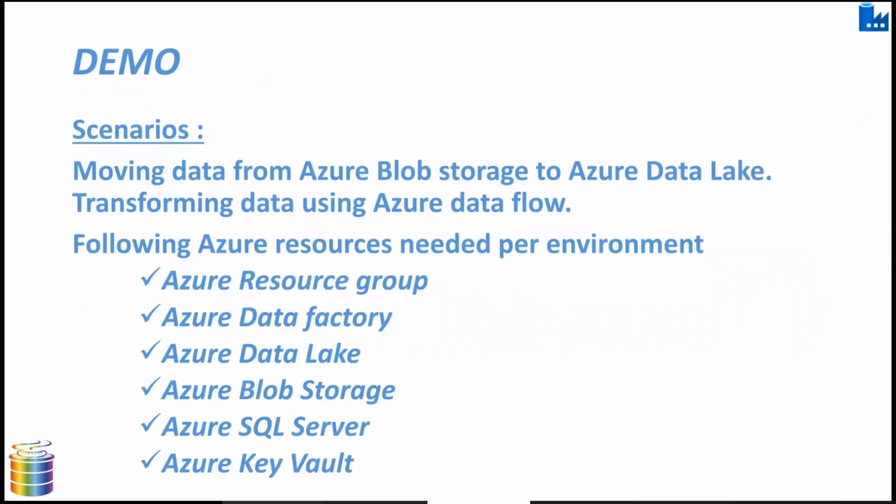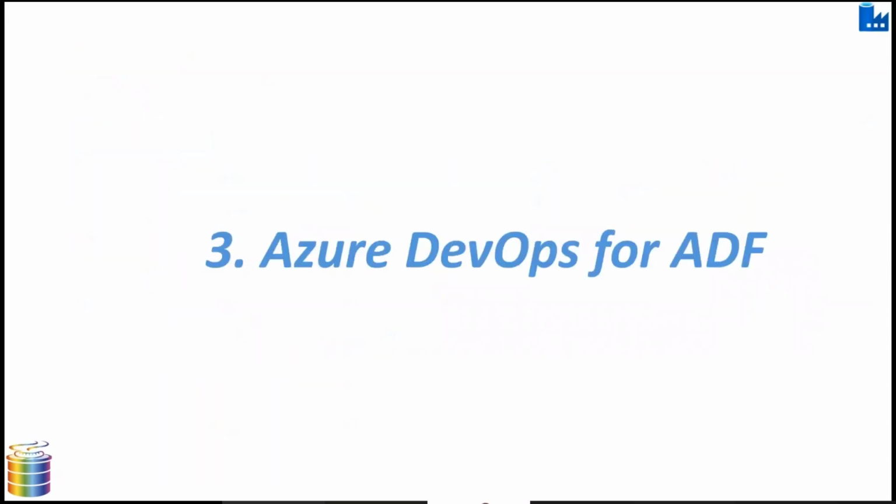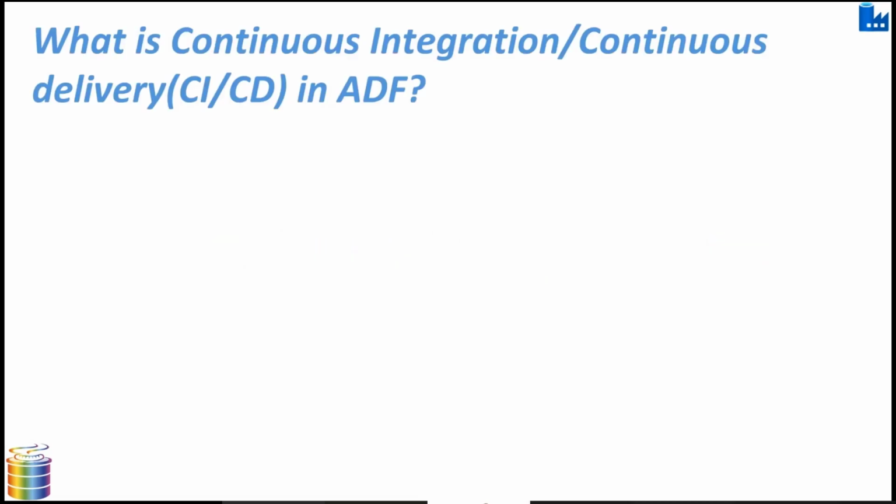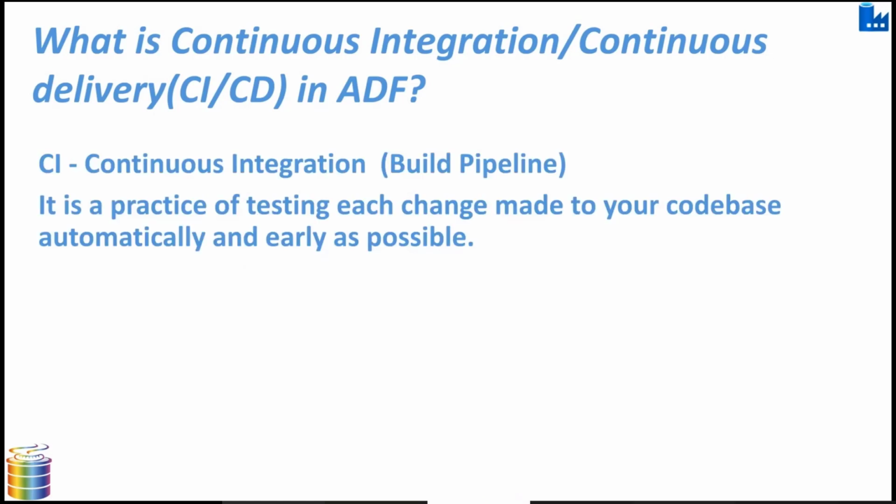So here you can see that we have finished this demo, and our third part is Azure DevOps for Azure Data Factory. If you want to deploy your Azure Data Factory into a different environment, then we can use continuous integration and continuous delivery, or we can use manual import and export, which I will show you later on.